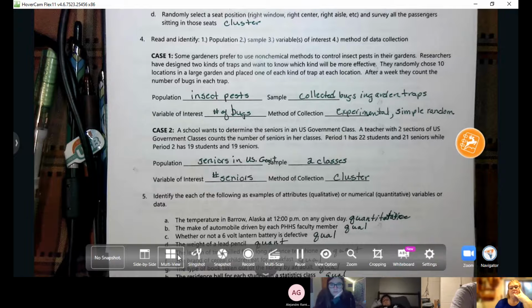And the method of collection is experimental, or simple random in that experimental method. Does that make sense to you in terms of applying those vocabulary terms that we went over from last class? So this gives you an opportunity to look at how you would use those vocabulary terms in those particular situations.